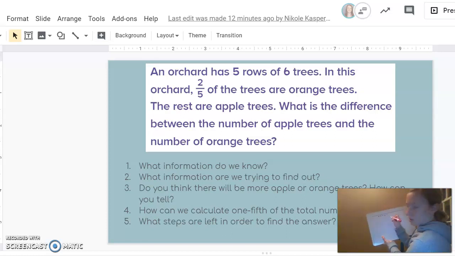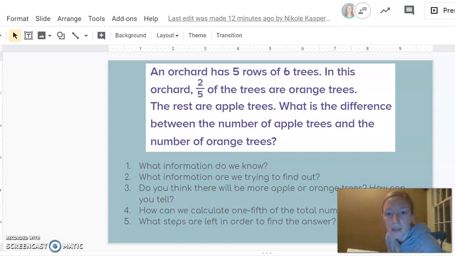And in each row there are 6 trees. 1, 2, 3, 4, 5, 6. 2, 3, 4, 5. You're going to notice if I were to count those up, I'm going to have 30 trees total. Okay, I'm going to need that number to solve the rest of the problems going forward. So now I know there are 30 trees total.